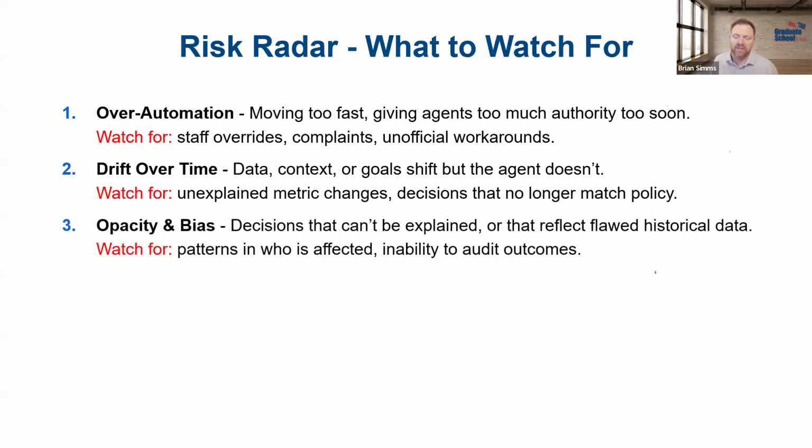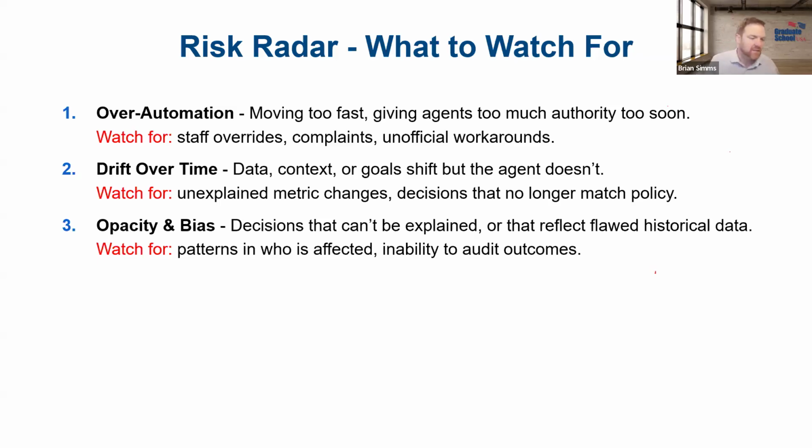For the opacity and bias, we were talking about this with the data, right? The AI agent will reflect the historical inequities that it's been trained on. So what we do about this is watch for patterns in who the agent's decisions are affecting.